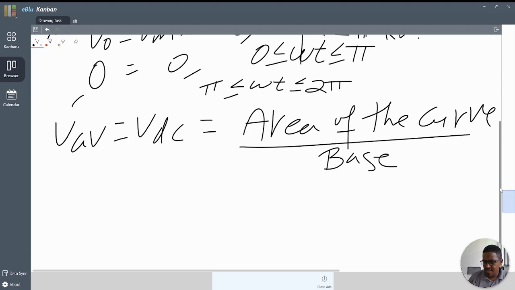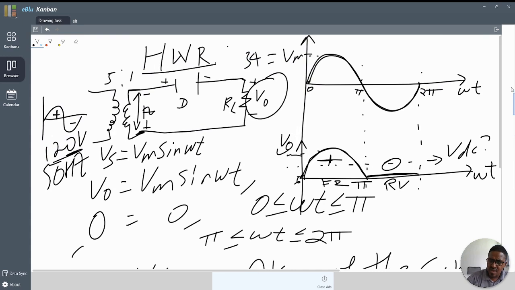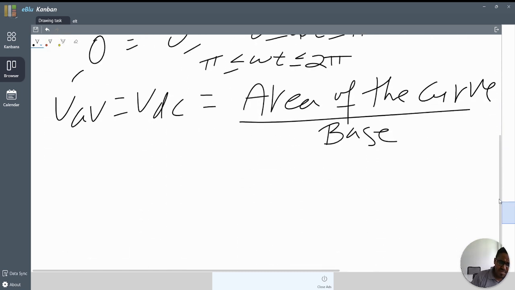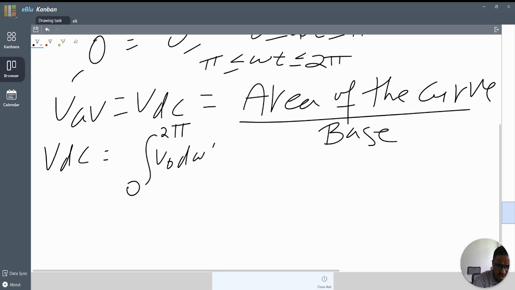That means our full cycle, that is our area over the base, that is our 2 pi. So VDC becomes the integration from 0 to pi of V out d omega t over 2 pi.